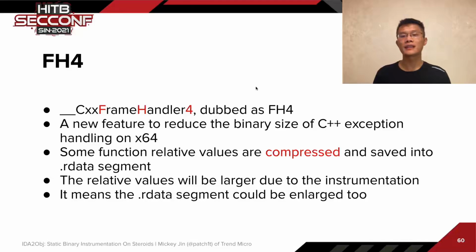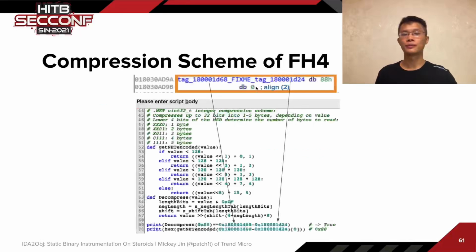The relative values will be larger due to the instrumentation, so it means the rdata segment could be enlarged too. It compresses the value into 1 to 5 bytes, depending on the value. These two functions are used for decompression and compression.